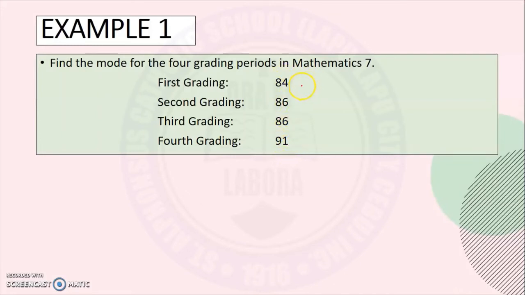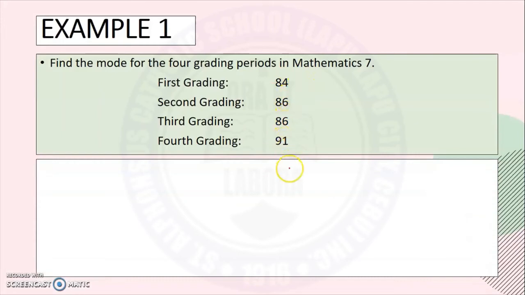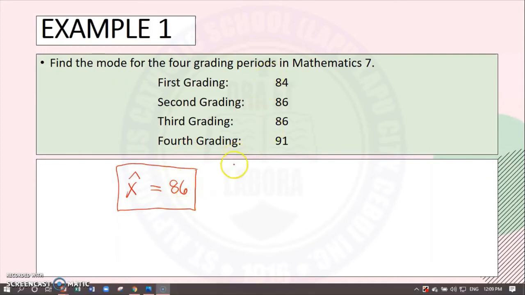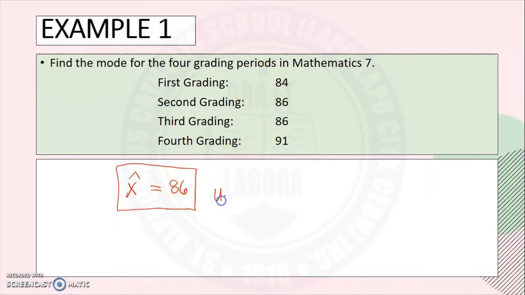Based on this given, the number that occurs most frequently is 86. So that means the mode is 86. And what kind of data is this according to the number of modes? Since there's only one mode, this set of data is unimodal.